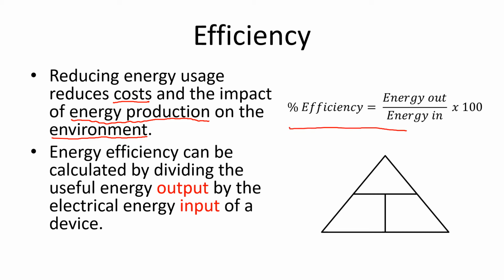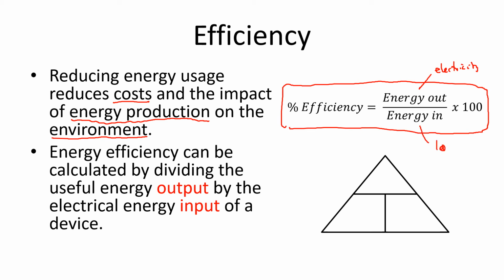So efficiency is determined by dividing the amount of energy that comes out, which depends on the load, by the amount of energy that goes in, which is the electricity. Yeah, so you can turn that into a triangle as well if you take this times 100 and move it over to the other side.